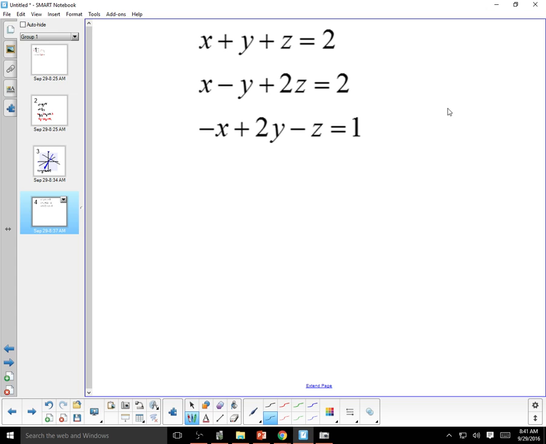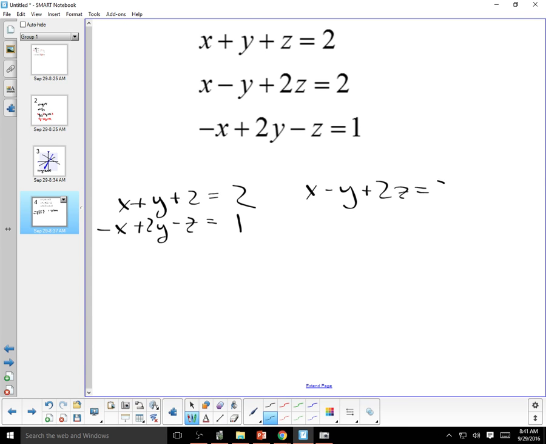I want you to notice that the first two x's are positive and the last x is negative. So I'm going to pair up the top one, x plus y plus z equals 2, with negative x plus 2y minus z equals 1. And then I'm going to take the second one, x minus y plus 2z equals 2, and pair it up with that one again.